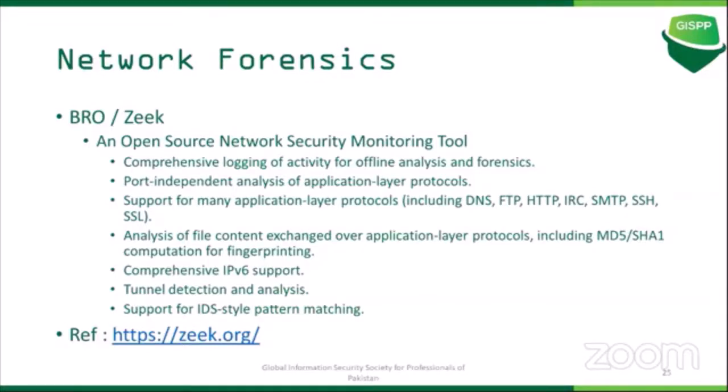And the most important thing here is that let's suppose there are multiple files being downloaded or uploaded from your network. Zeek or Bro creates log files for that, in which the IOC list is maintained. You can include any MD5, any SHA, anything that you think is malicious. And if it finds that particular file flowing in or outside your network, it can detect it and alarm you.